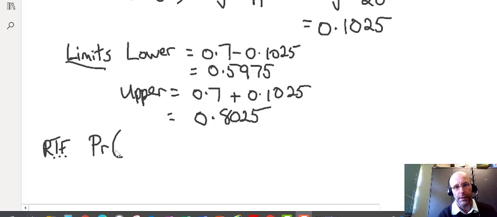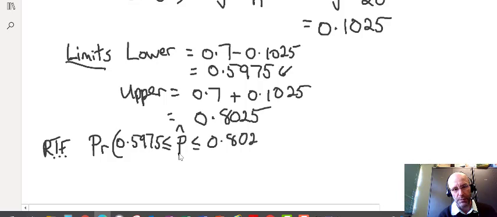Now, clarifying here, we're required to find the proportion p hat such that we have the lower limit, 0.5975, up to the upper limit, 0.8025.